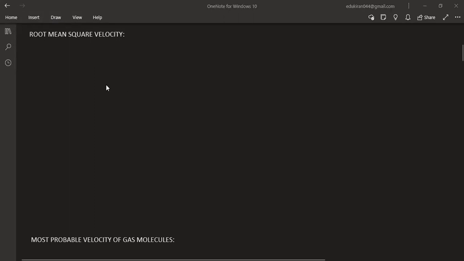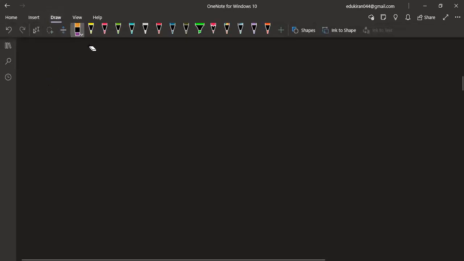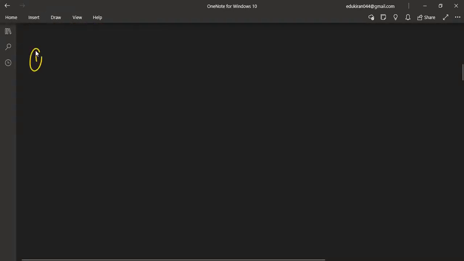See class, I have discussed this with you, but I just wanted you to remember it. Apart from what we have discussed, you have to remember three velocity formulas, because these are also used, and lots of ratio questions get solved using only this. So see, first is the RMS velocity.